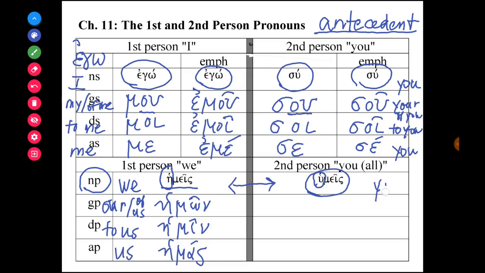So this is you in the nominative plural, or you all. And then if I want to say your plural, it'd be humon. If I wanted to say to you, it would be humin. And if I want to say you as a direct object, it'd be humas.